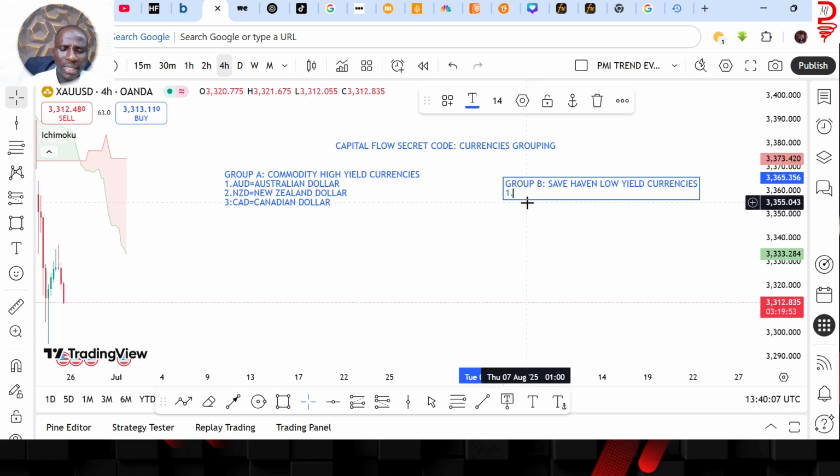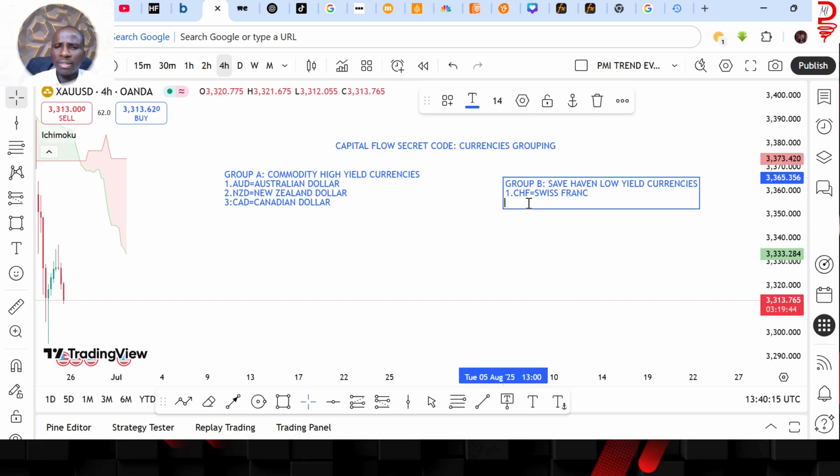The first one is what I call CHF, Swiss franc. The second one is JPY, Japanese yen.